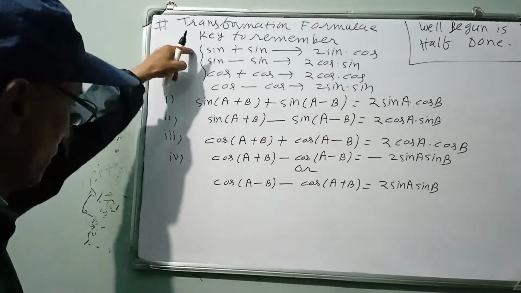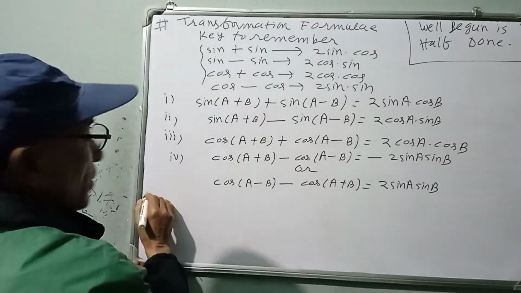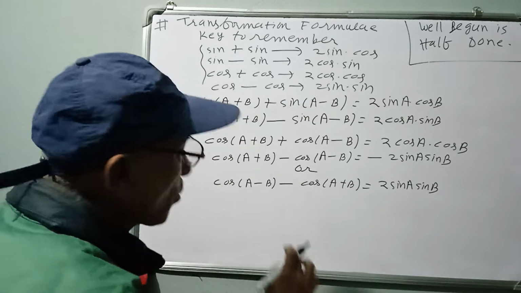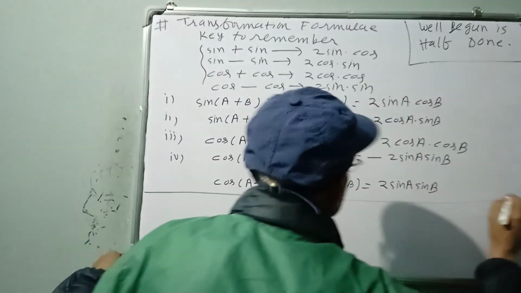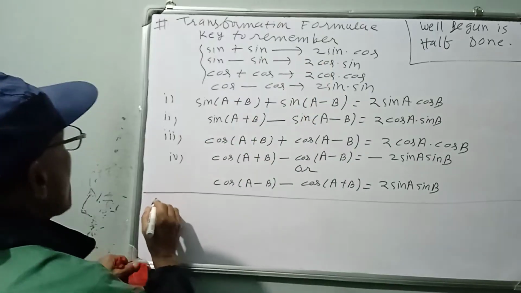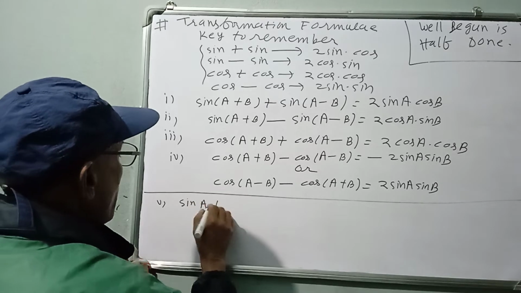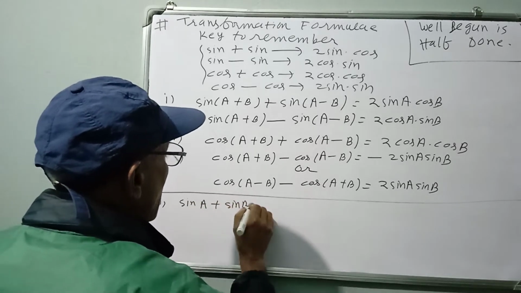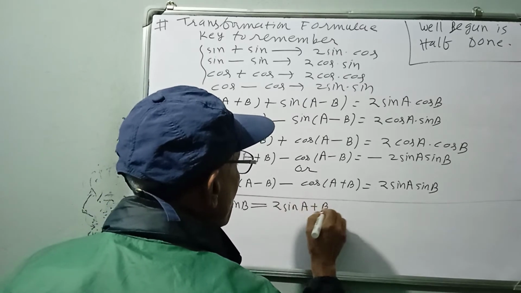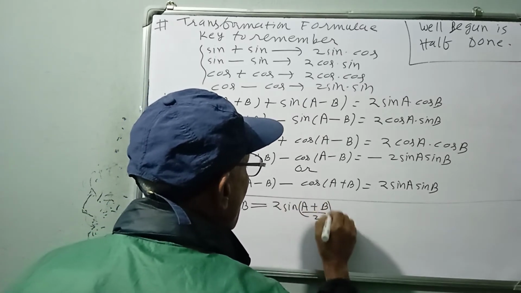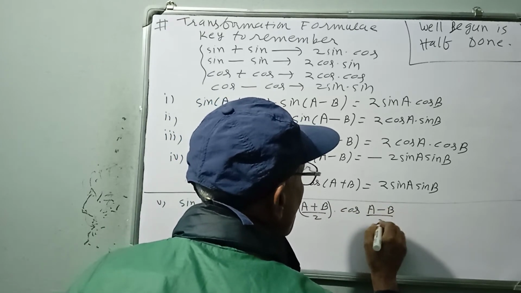This is again sin plus sin equals 2 sin cos. This is the compound angle formula for the single angle. Number 4: sin A plus sin B equal to 2 sin A plus B by 2 into cos A minus B by 2.